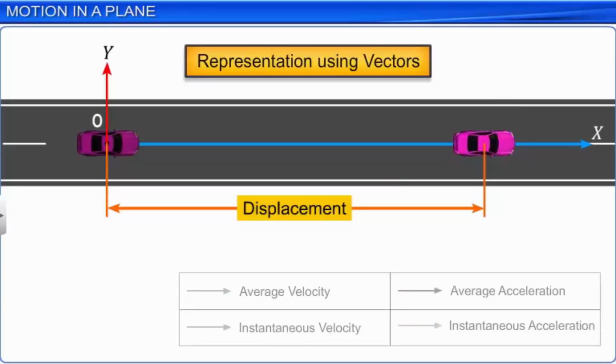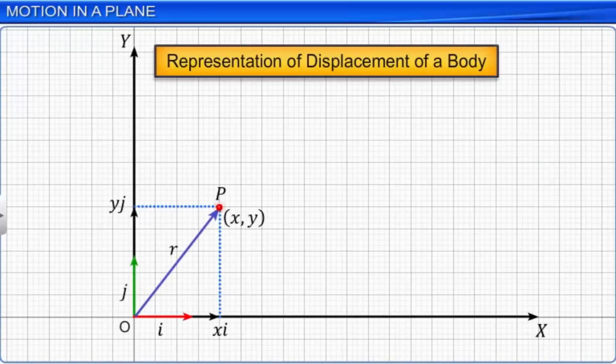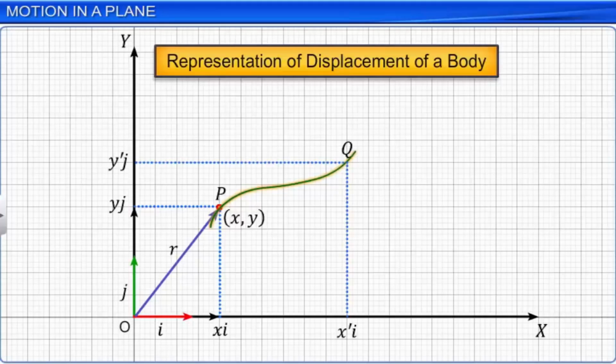The body is at point P at time t and at point Q at time t dash. r and r dash are the position vectors at points P and Q respectively. Join P and Q with a straight line.